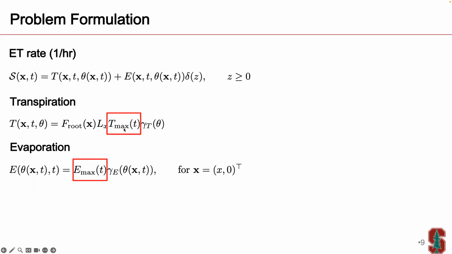And Tmax and Emax are the maximum potential transpiration rate and the maximum evaporation rate. And these Tmax and Emax are the only uncertain or random coefficients in this system.